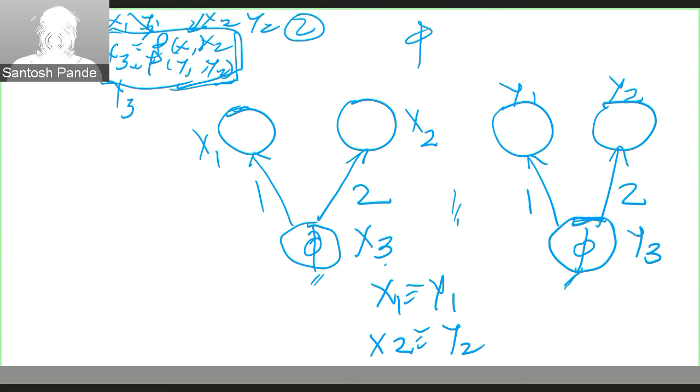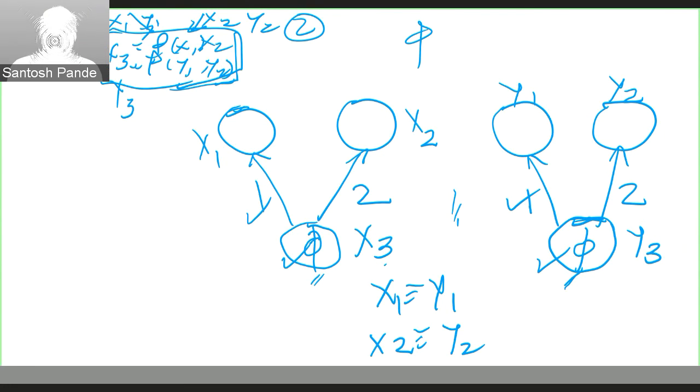So if, for example, x1 and y1 were to be identical in terms of values, but x2 and y2 were not. So for example, this operand side passes the test, that x1 and y1 are identical, but x2 and y2 are not.